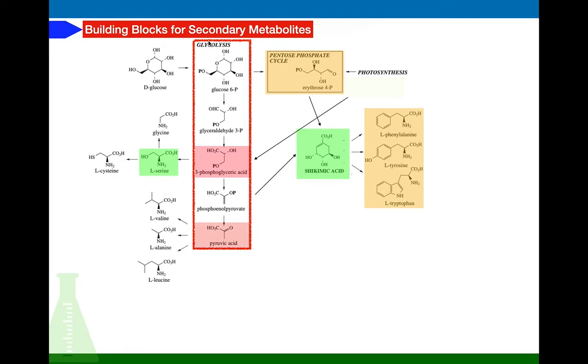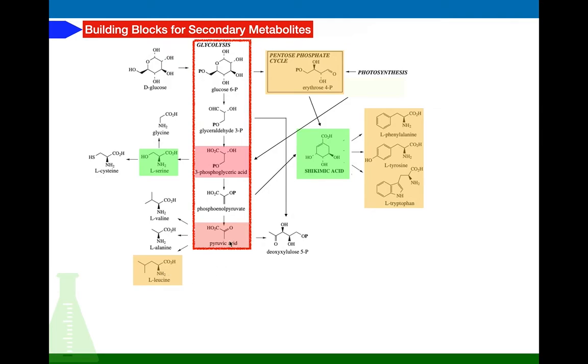The end product of glycolysis, pyruvic acid, gives rise to amino acids like valine, alanine, and leucine. This leucine is responsible for the formation of a very large number of secondary metabolites.